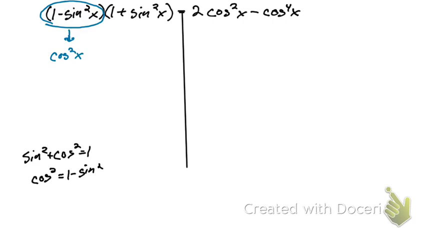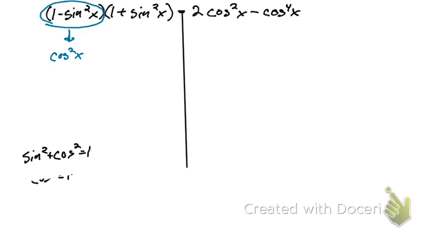Okay, so we have just cosine squared. Well, I need to change this sine squared. Currently, it's 1 plus sine squared. 1 minus, that doesn't work. 1 plus sine squared does not work with this. So you have to think of another method.